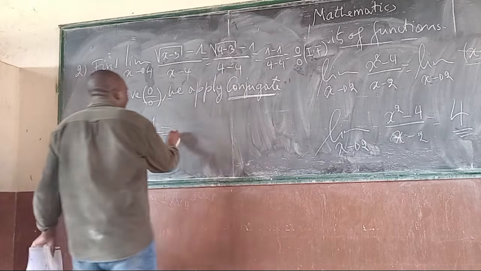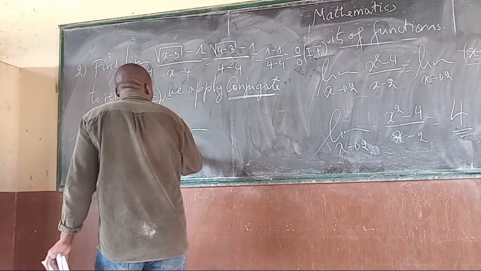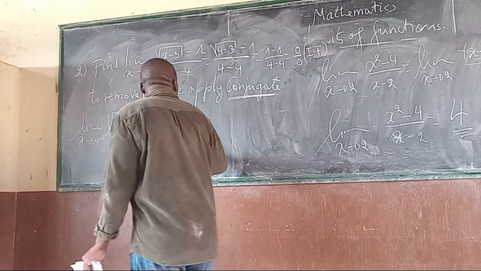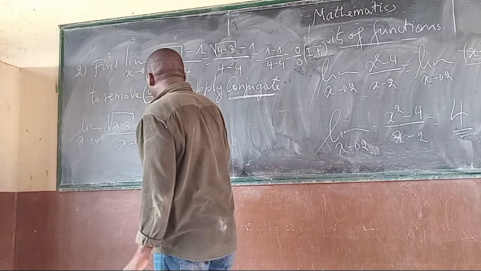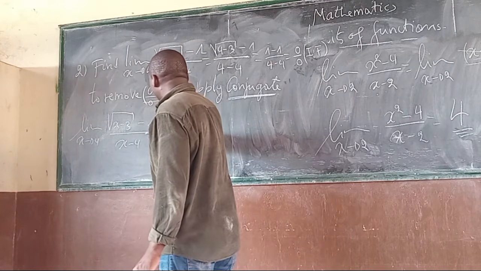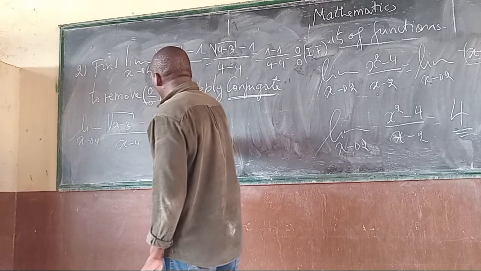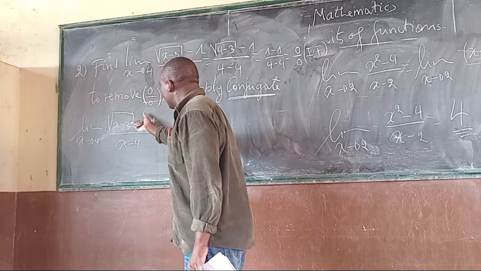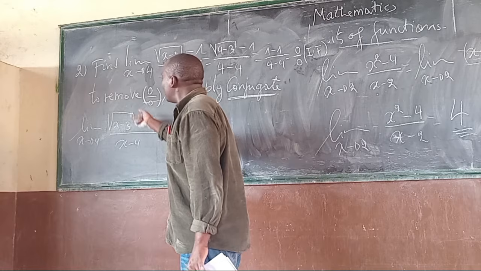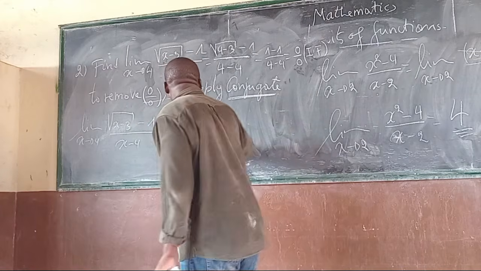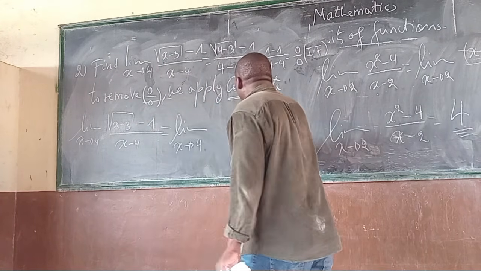This is the same as the limit of my given function where x approaches 4 of this function. As you see, I'm going to apply the conjugate of the radical form.